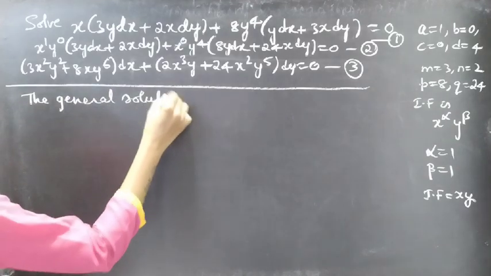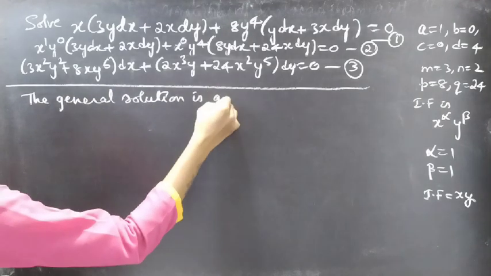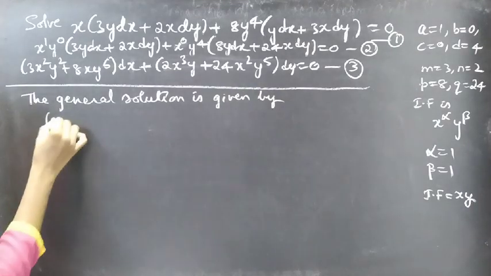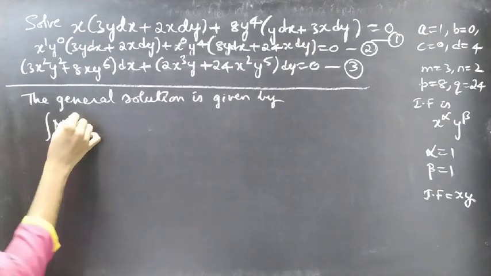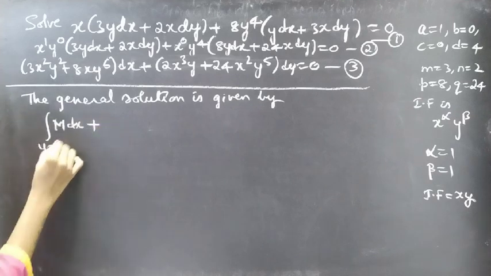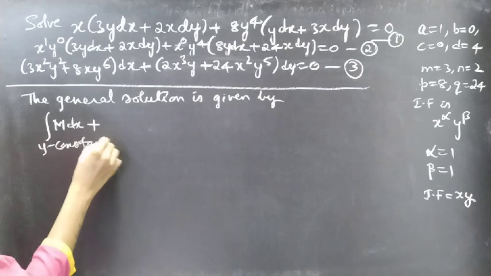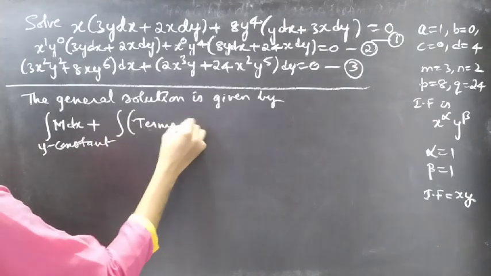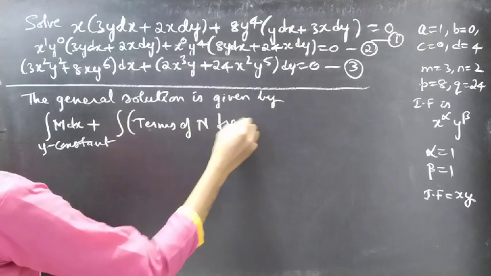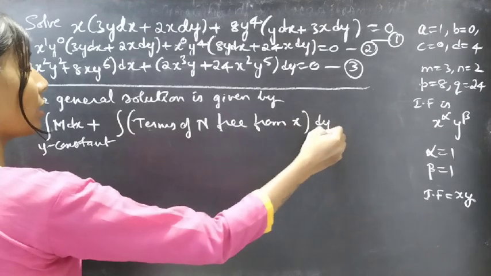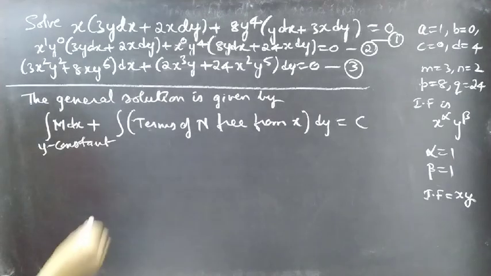The general solution is given by the integral of M dx treating y as constant, plus the integral of the terms of N free from x, dy, equal to c.